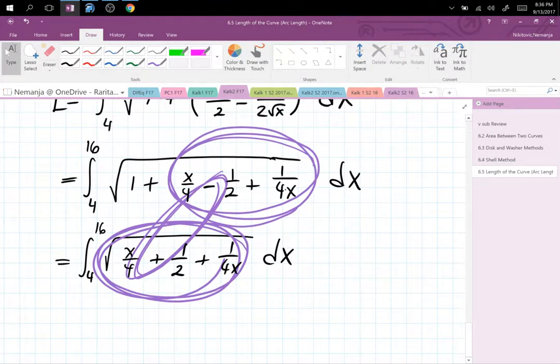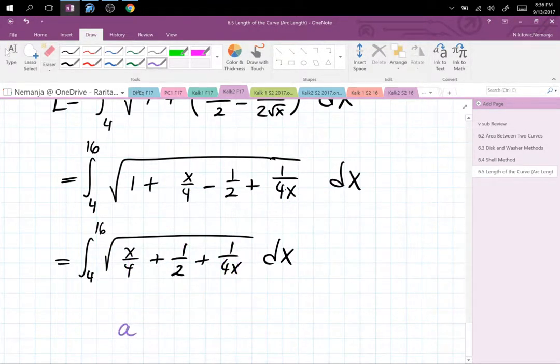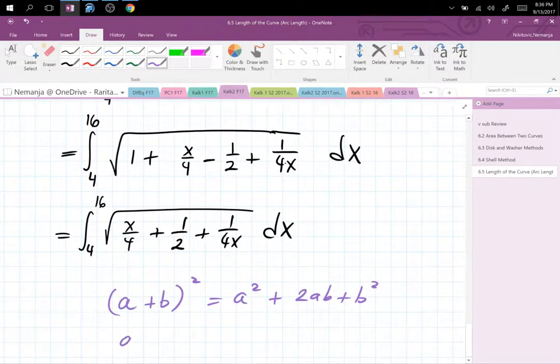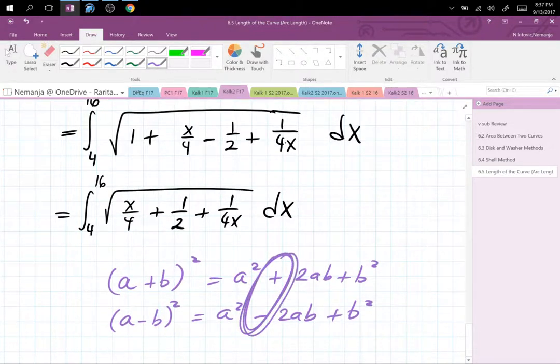If you know your formulas from algebra, you know that a plus b squared is a squared plus 2ab plus b squared, which was expanding, right? And you also know that a minus b, hopefully, is a squared minus 2ab plus b squared. You see that? What's different? The sign in the middle is different, which creates a different sign here, which is the trick we're using.